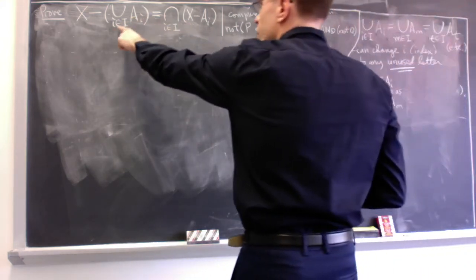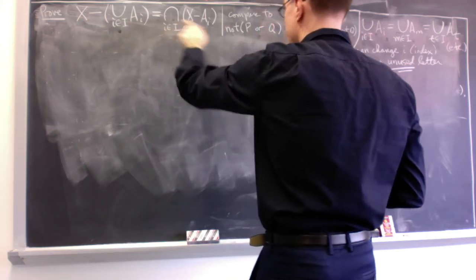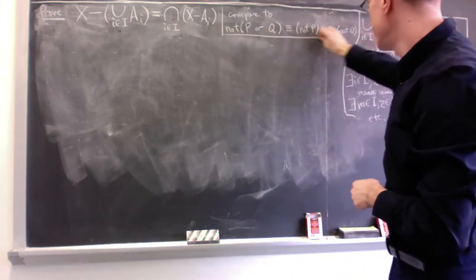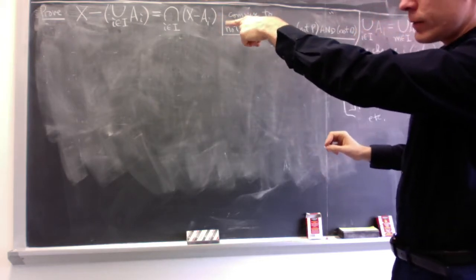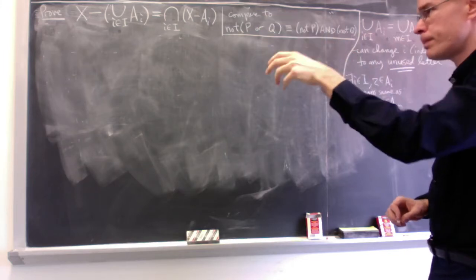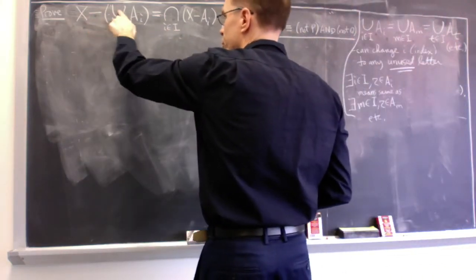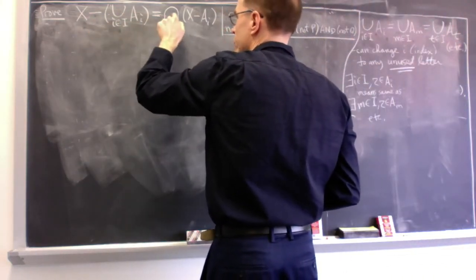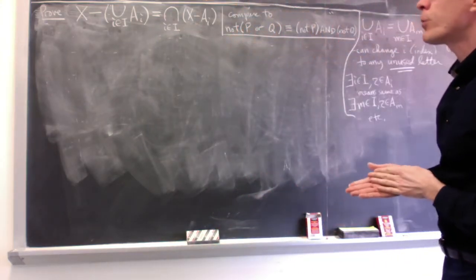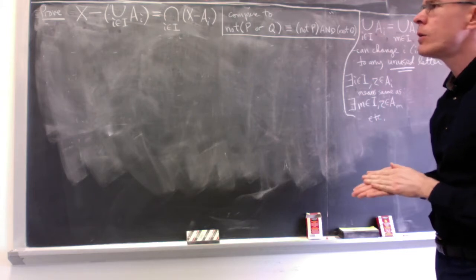Union is a little bit like or, and intersection analogous to and, and set difference is like a not. That's why this is going to flip. X minus a union is the intersection of the individual set differences. That's what this particular result is saying.